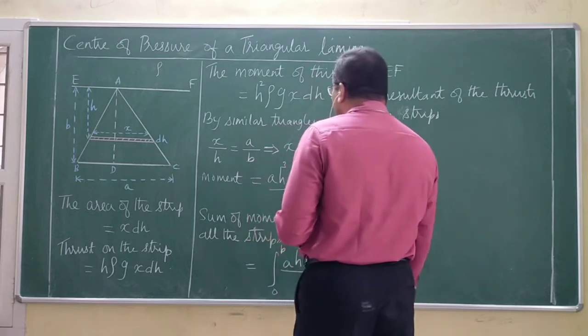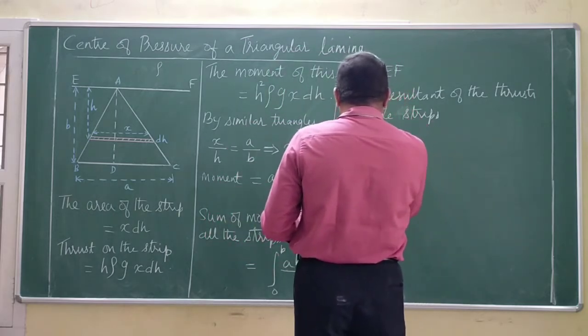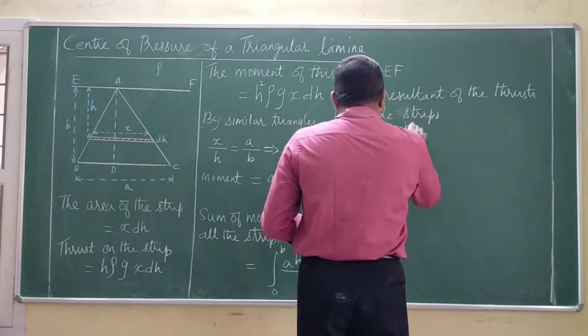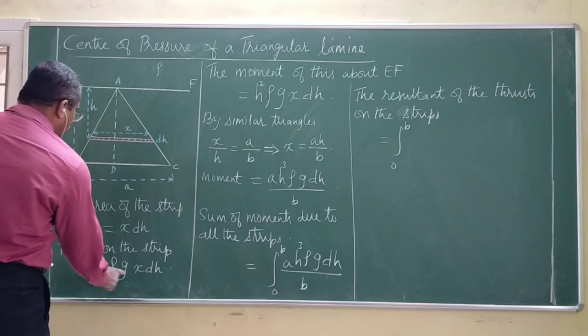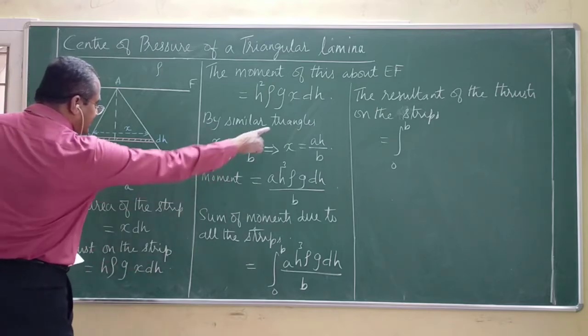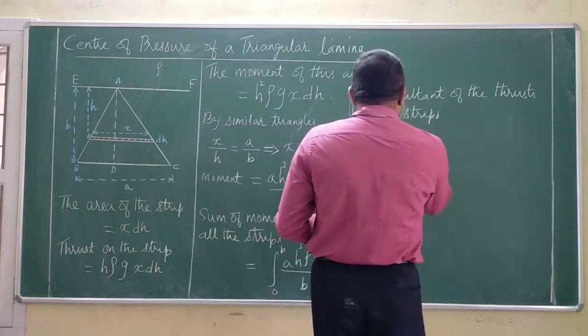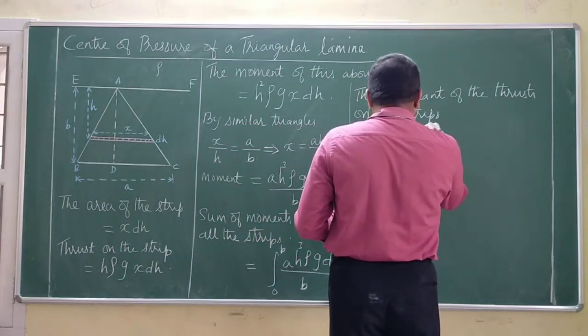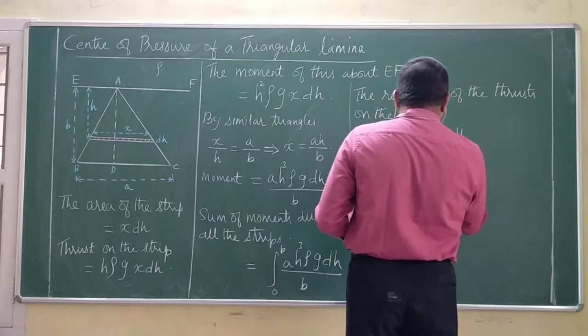Therefore, I would write it as the integral 0 to b of h rho g, and in the place of x, I will substitute a h upon b to end up with a h squared rho g dh upon b.